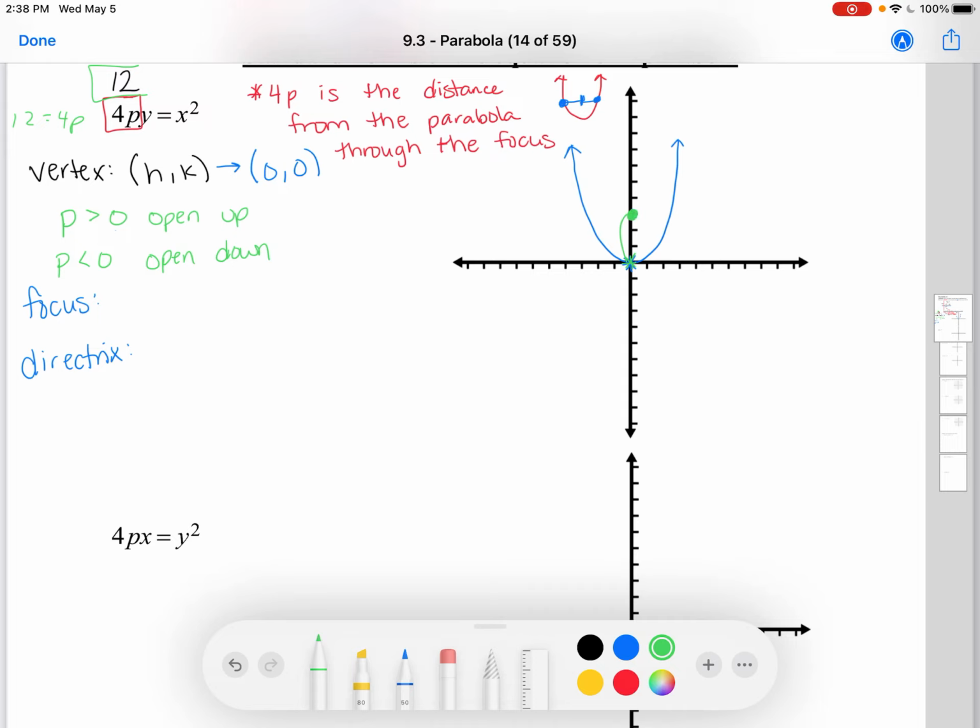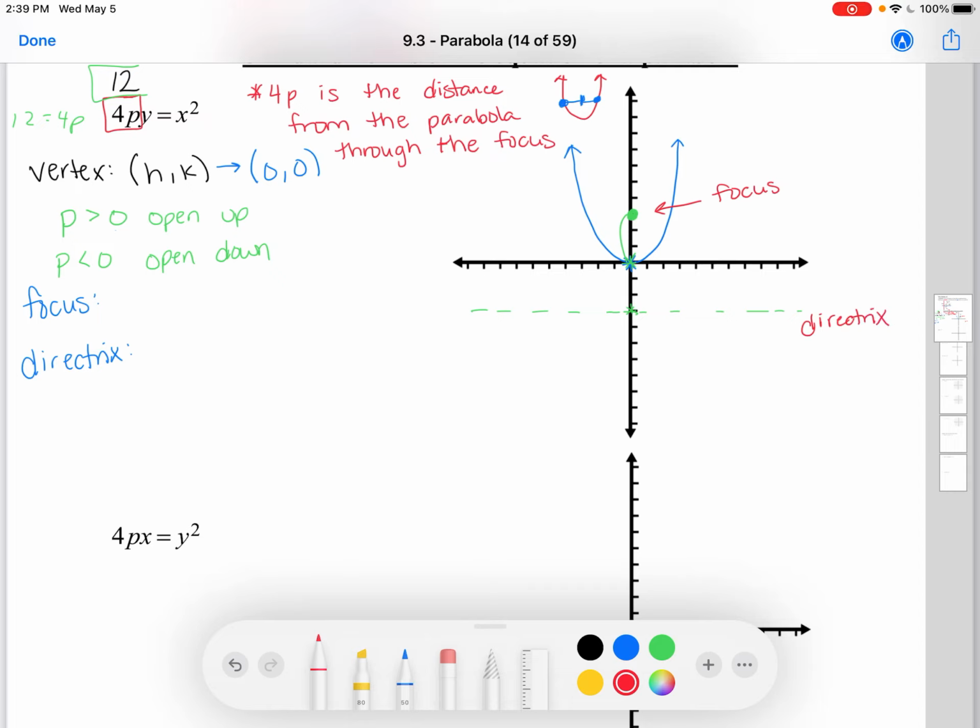That tells me that my focus is going to go from the vertex up into the parabola, as well as from the vertex away from the parabola, but this time it's going to give me a straight line. So one represents the focus, while the other is going to represent the directrix.